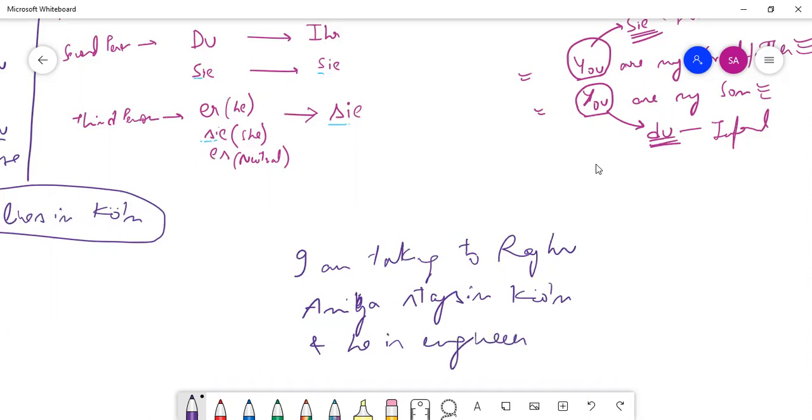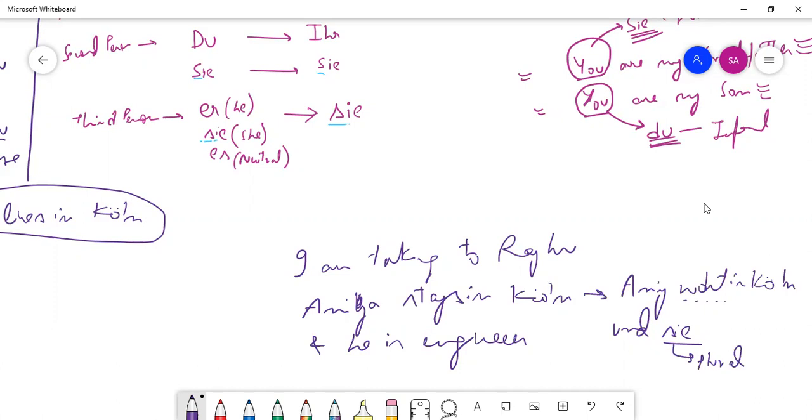So straight away, Amir stays in Cologne. This all stuff we'll take up later on in our later stages. And now, if I use Z, right? So you know, if I use Z, it is first of all used for plural only, right?